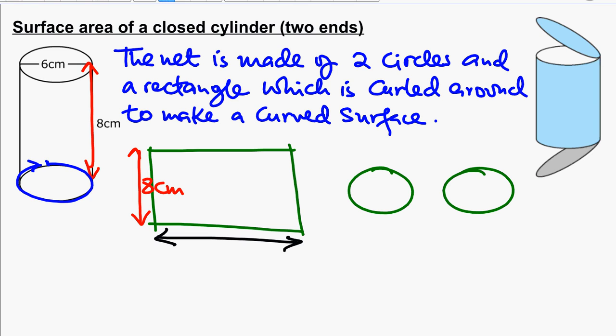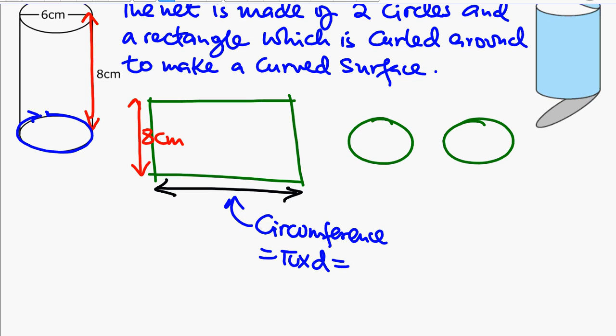So basically this space here is formed by the circumference of the circle, which is equal to pi times diameter, and the diameter in this case is 6, so pi multiplied by 6, which will give us 18.8 centimeters.